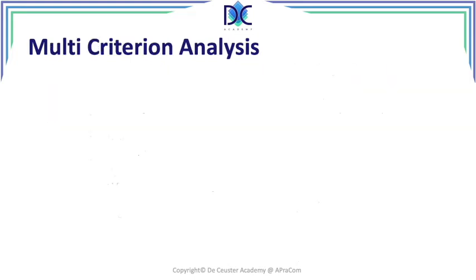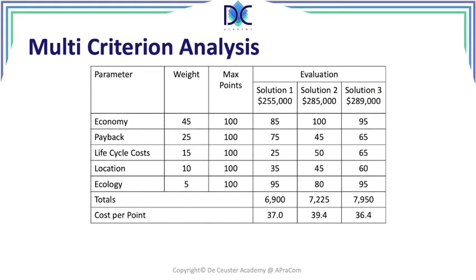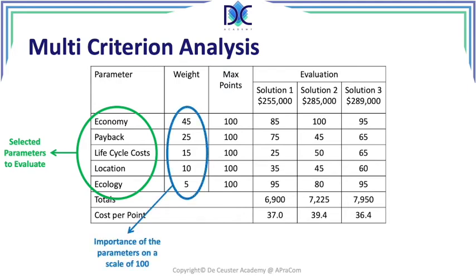Another very interesting element to make a selection, and we've spoken about this before, is multi-criterion analysis. We have different solutions. We have evaluation parameters that are important when we are evaluating the proposals. We have to give them a certain weight. How important are they? We allocate, in this case, 100 points. We give every parameter a score between 0 and 100.